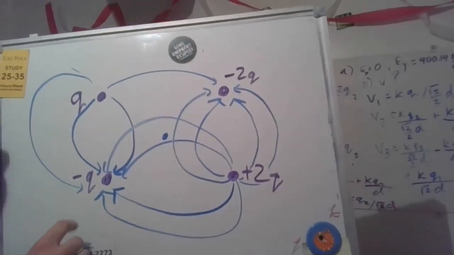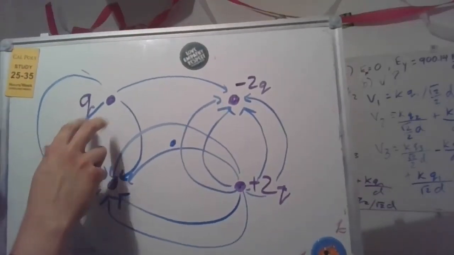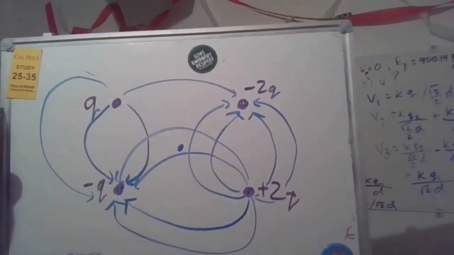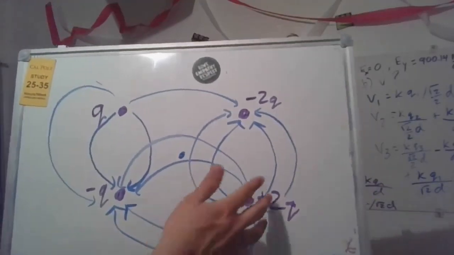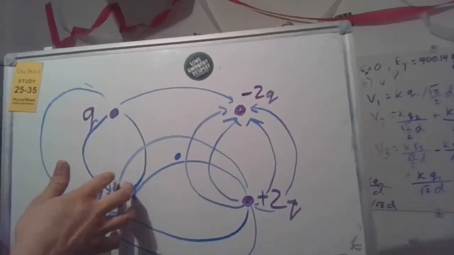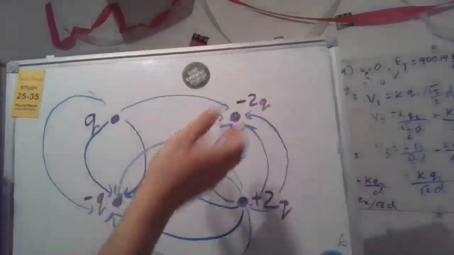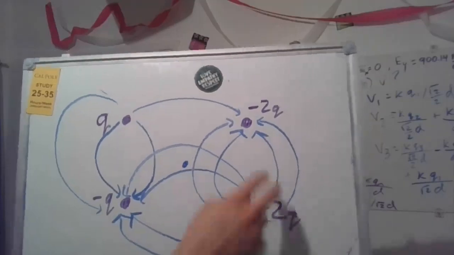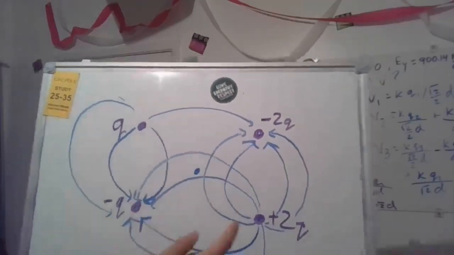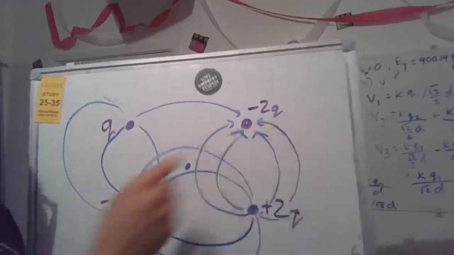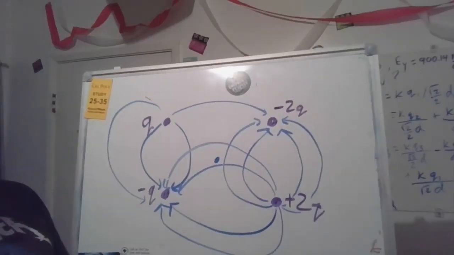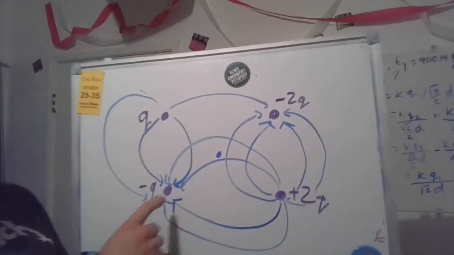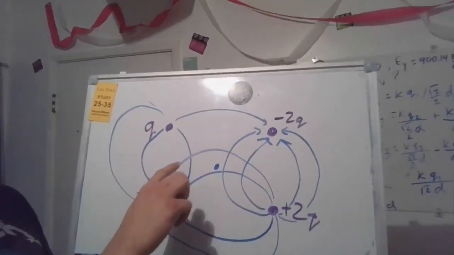I also have some lines coming out. And I think what you can get from this picture is there's some electric field coming this way, and also some electric field coming this way. And you terminate at the negatives, right? Charges always go from high to low potential.